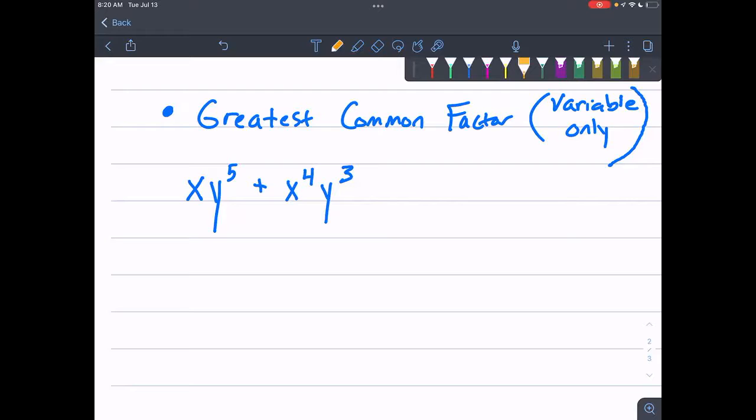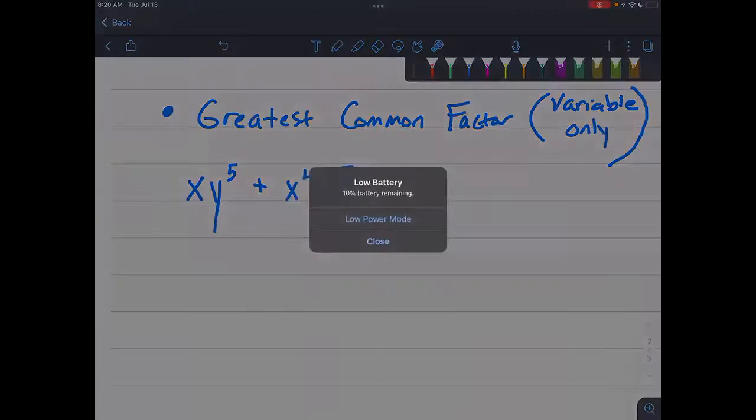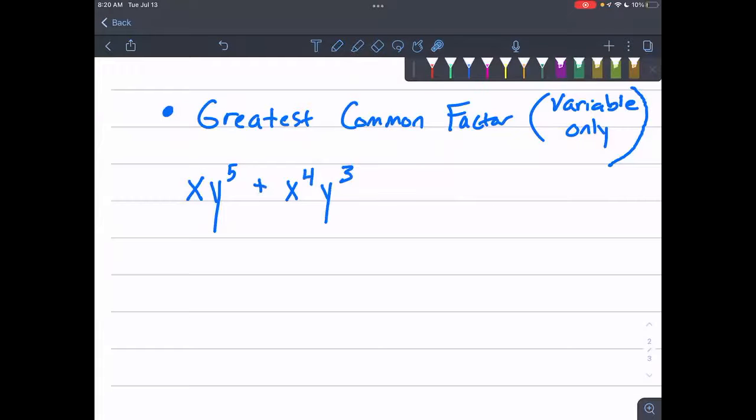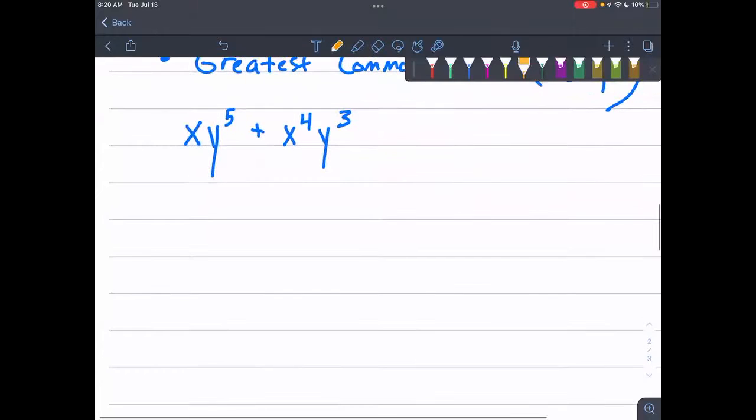Just looking at both of those, so binomial again, we've got one term and then another term. Can we take x out of both of these? Yeah, and hopefully notice we can just take one x out. We can't take x squared out. So that's the largest thing.